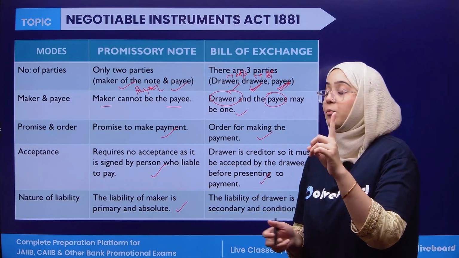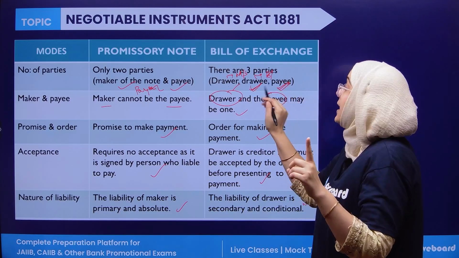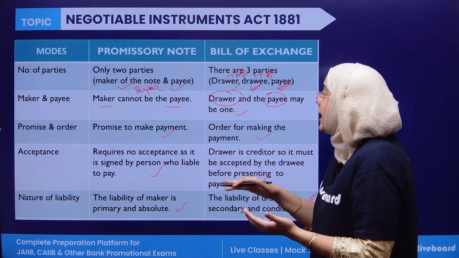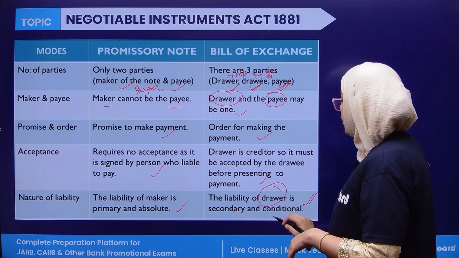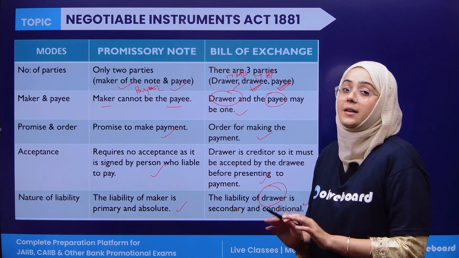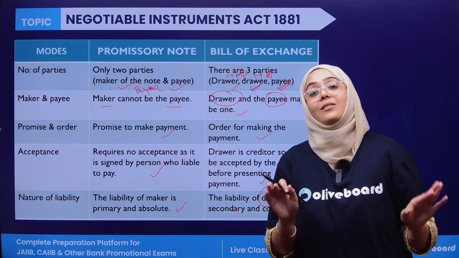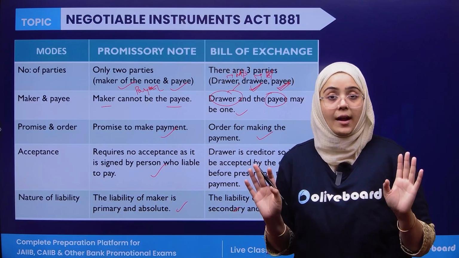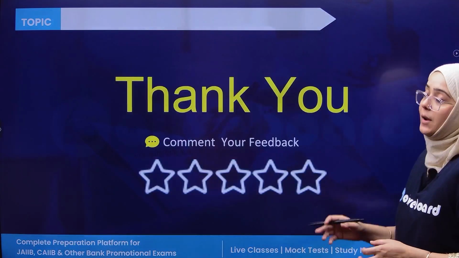The first responsibility lies with the drawee to pay the amount to the payee. If it is not done, then the liability of the drawer arises. So the drawer's liability is secondary and conditional, but the maker's responsibility is primary and absolute. So this is the difference between the promissory note and the bill of exchange.